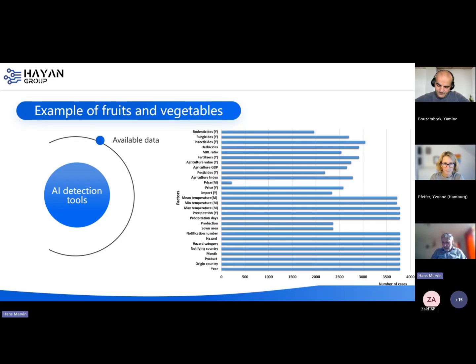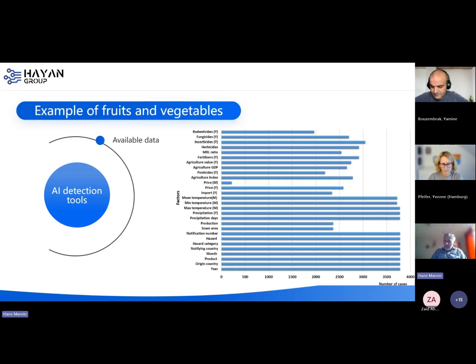On the bar, you can see in total we had more than 3,500 cases. These are contaminants on fruit and vegetables from these two countries appearing in the Rapid Alert System for Food and Feed at any time.